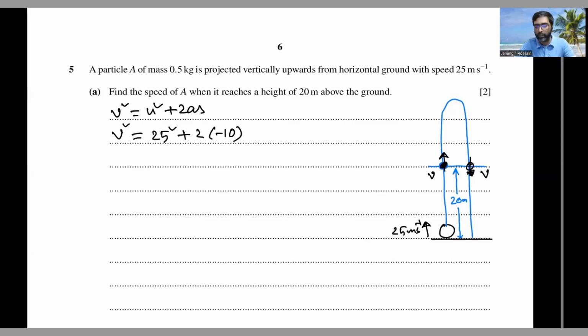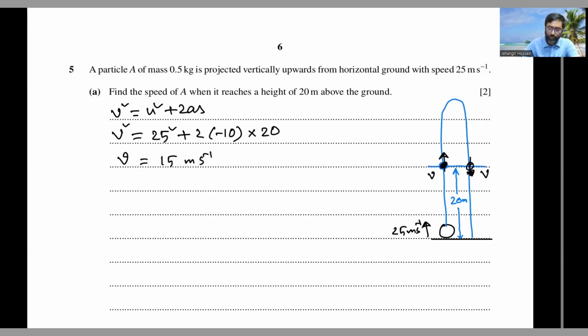So acceleration downward is negative, and the displacement is plus 20. So v equals the root of this, which is 15 meter per second.